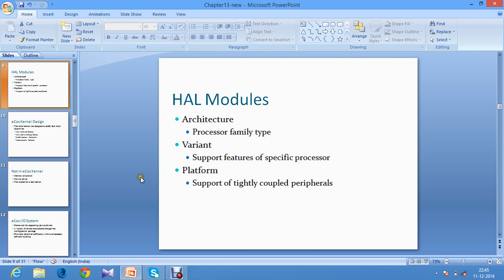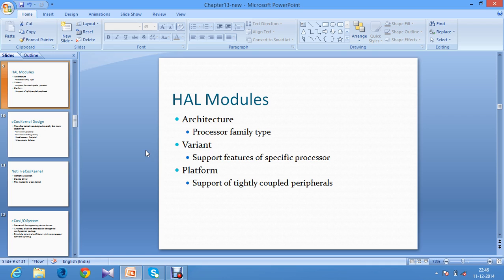HAL is implemented as three separate modules. The architecture defines the processor family type. This module contains code necessary for processor setup, interrupt delivery, context switching and other functionality specific to the instruction set architecture of that processor family.